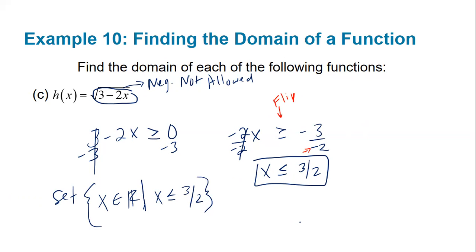Your interval is saying that you are less than, so it's from negative infinity to 3/2, and it's a bracket because it can be equal to 3/2. Notice because it says equal to, I have a bracket, not a parenthesis.